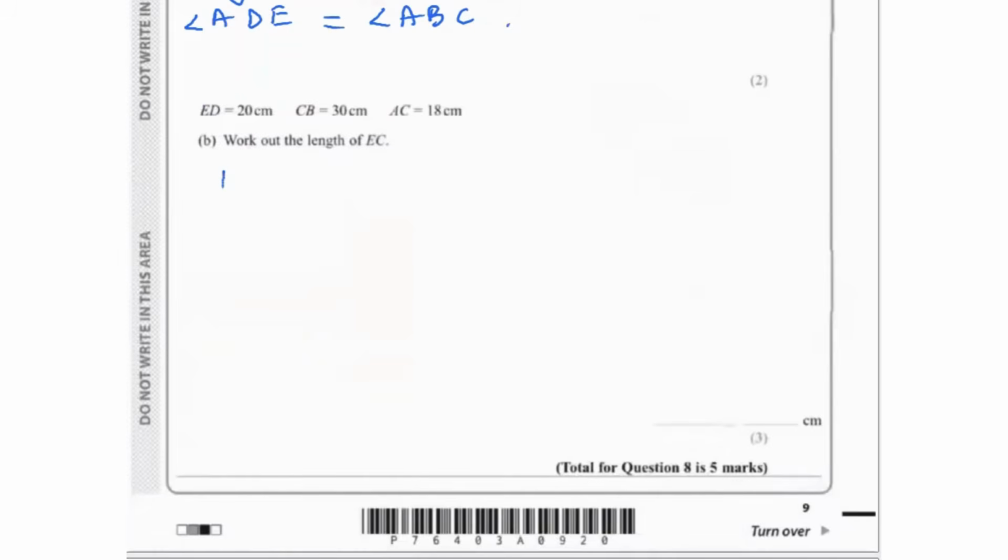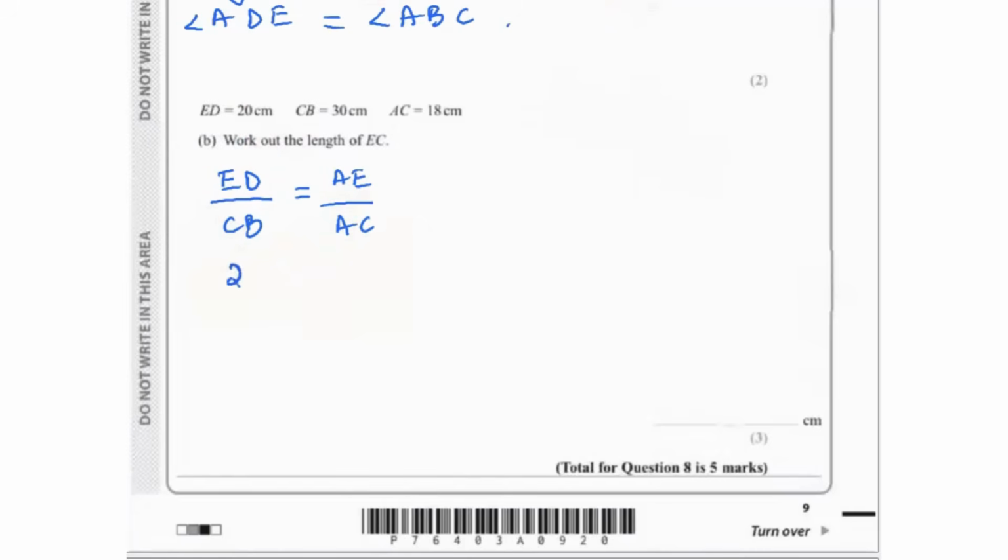So ED divided by CB is the same as AE divided by AC. Why? Because if two shapes are similar, they're using the same scale factor to get the dimensions of the other shape. So to find the scale factor, we can just divide the lengths which correspond to each other.